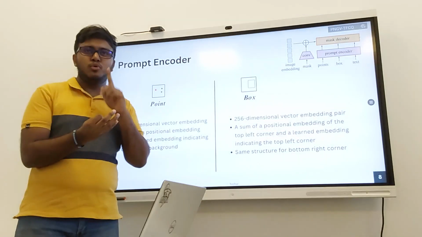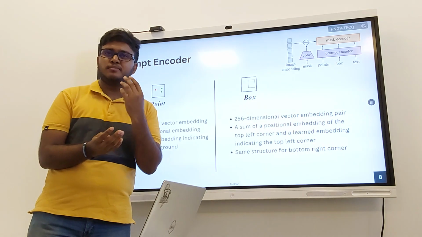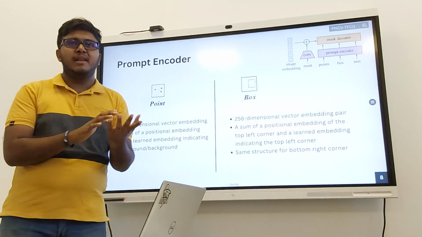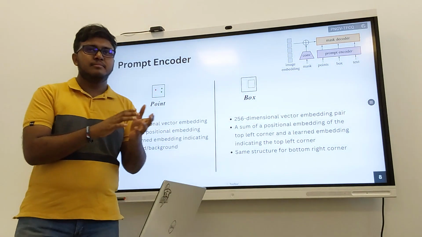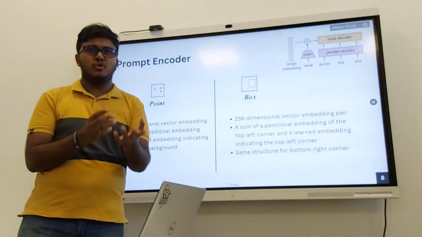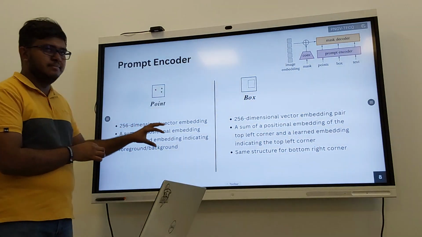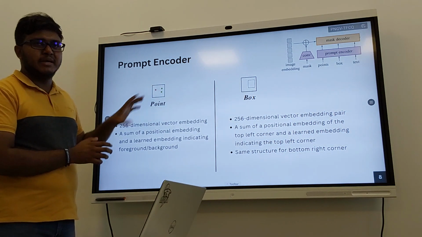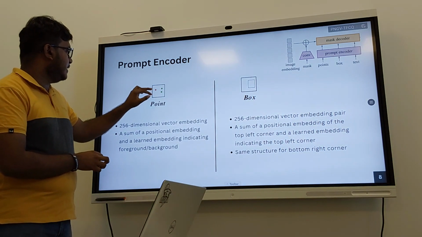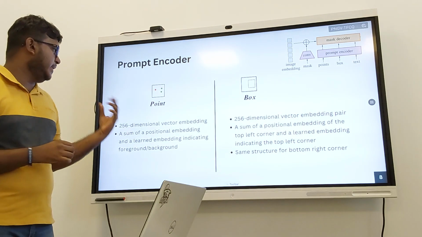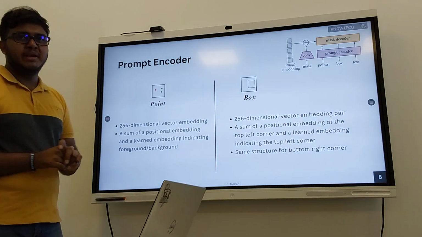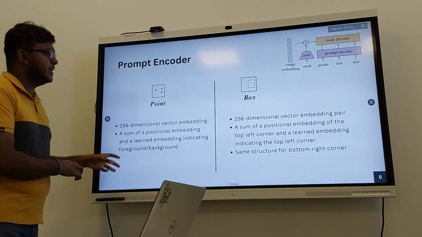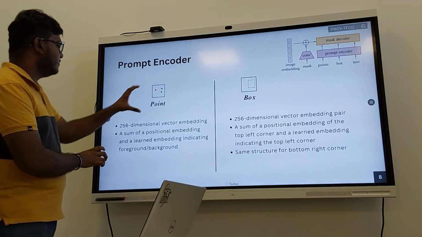For those two scenarios, there are 2 values which were learned during training, for foreground and background, and those will be added accordingly. Here you can see this green is foreground and this red is background. So for the background point the background embedding will be added, and for the foreground point the foreground embedding will be added to the positional encoding. So that's how they generate the prompt embedding for points.